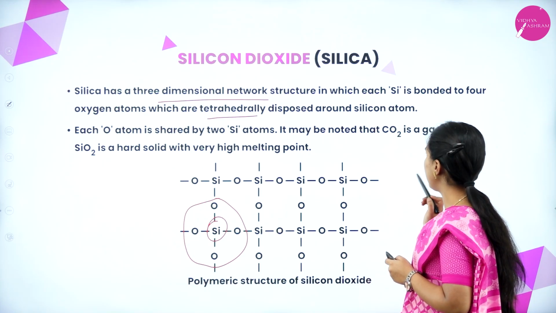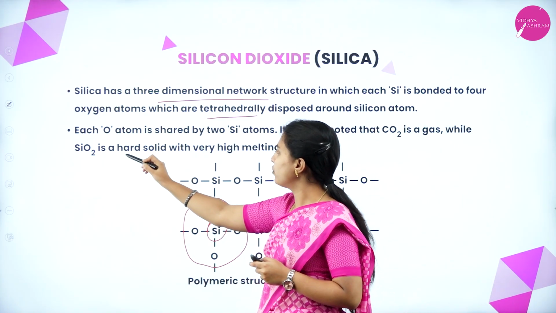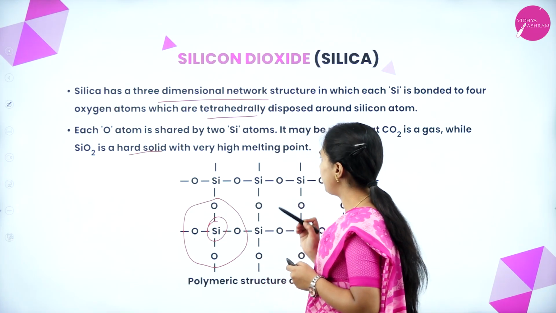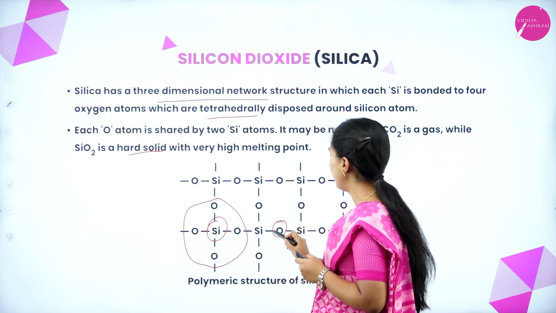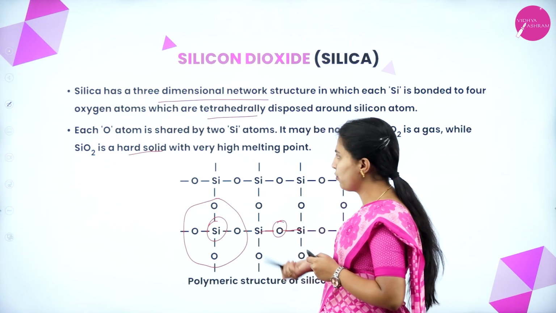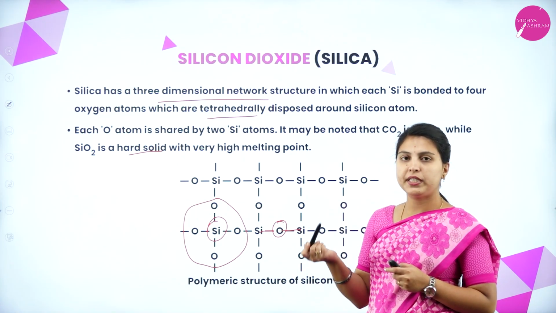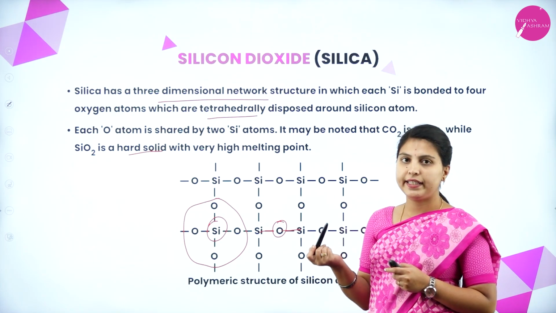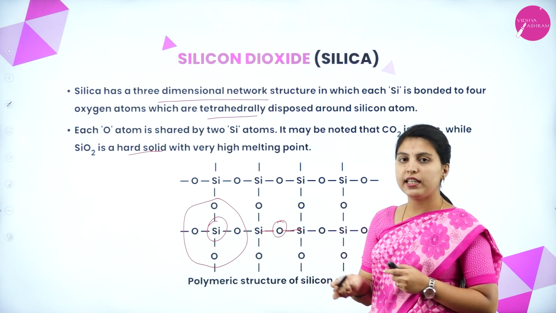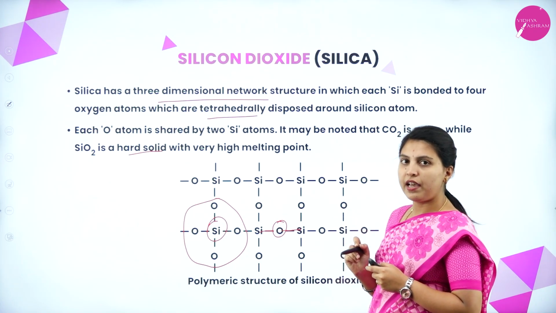It may be noted that CO2 is a gas while SiO2 is a hard solid with a very high melting point. That's why there is a variety of properties in carbon and silicon. Carbon dioxide is completely gaseous in nature, whereas silicon dioxide is a hard solid with a very high melting point.